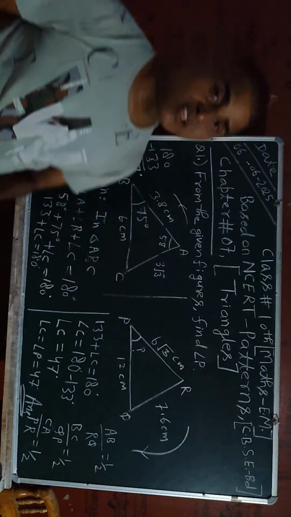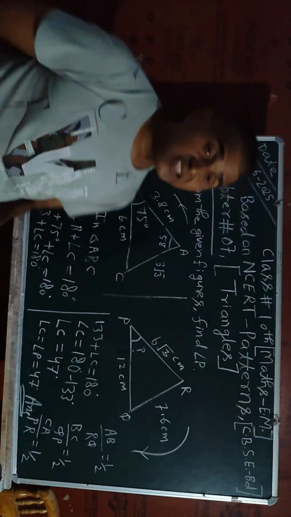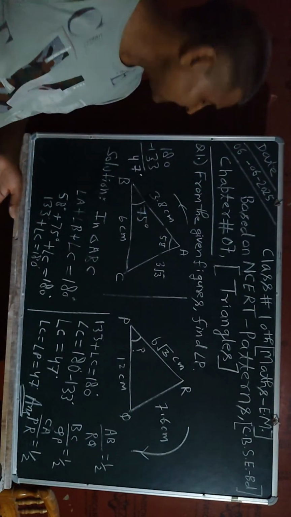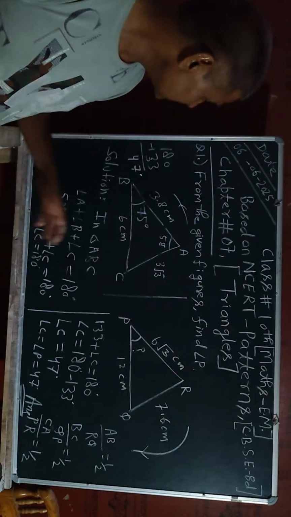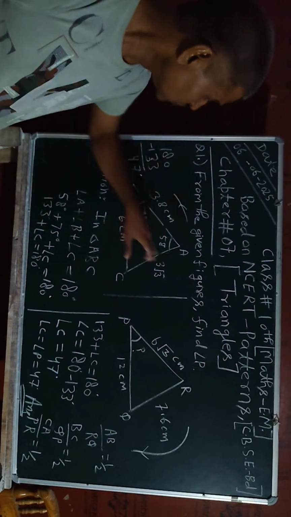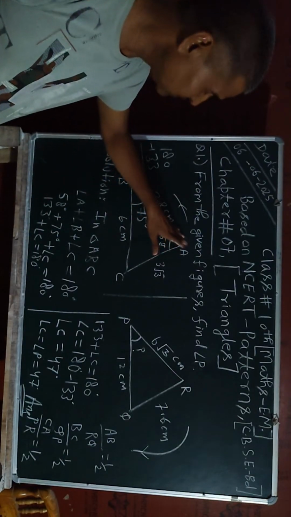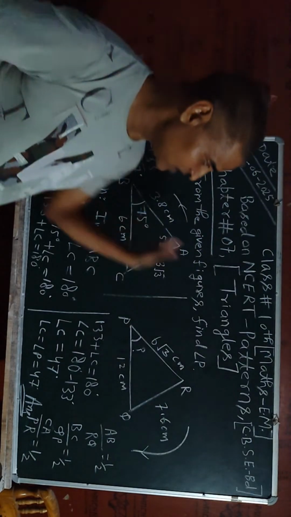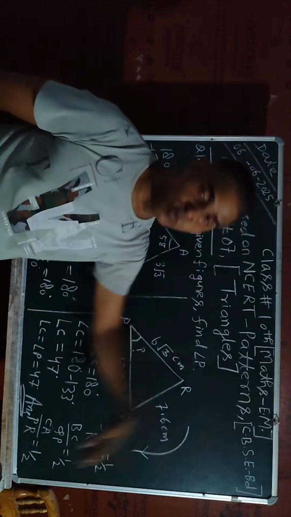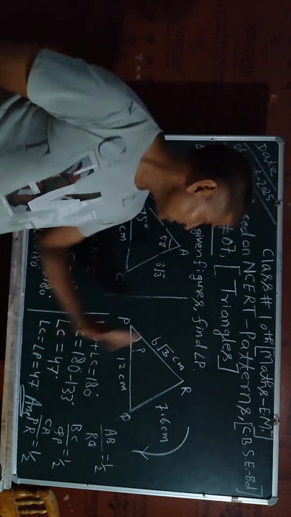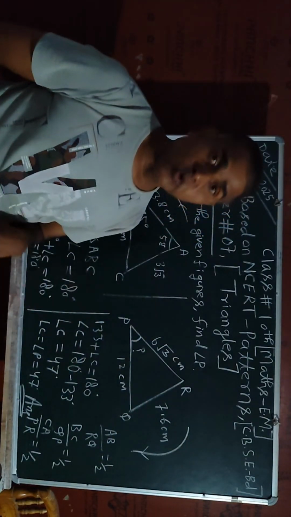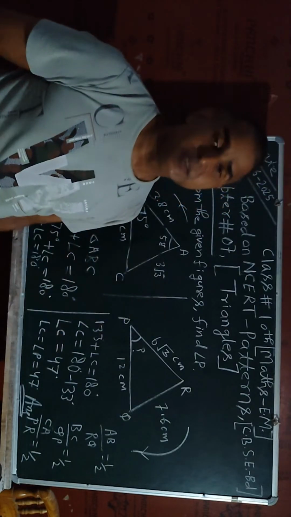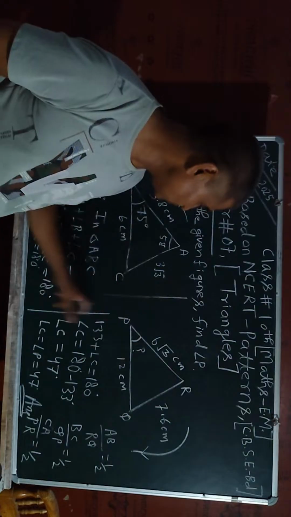because here sides are given, so I will use the concept of side proportion, side ratio, side similarity. So here one figure I will move in anti-clockwise direction, and the other figure I will move in clockwise direction, because if both figures are similar, it means that both figures will be symmetric, a mirror image.